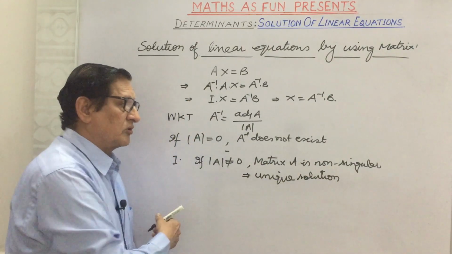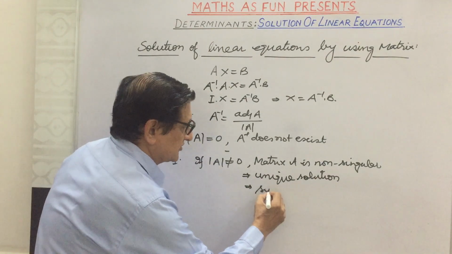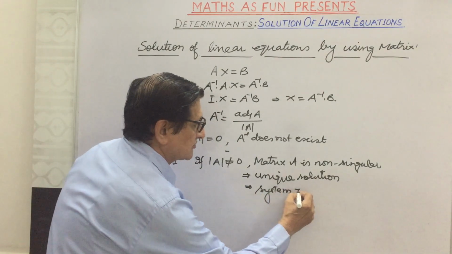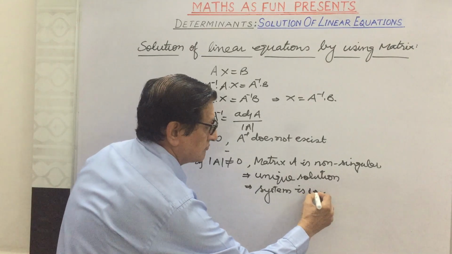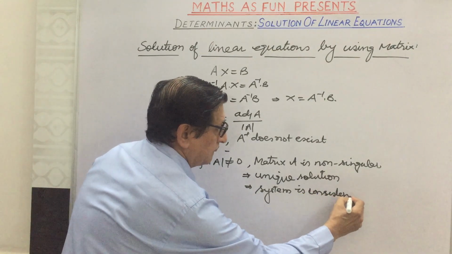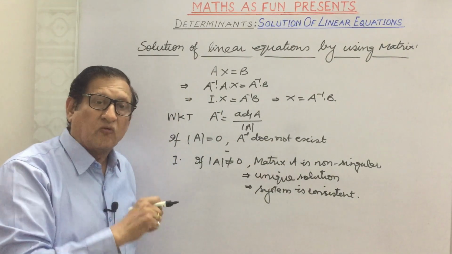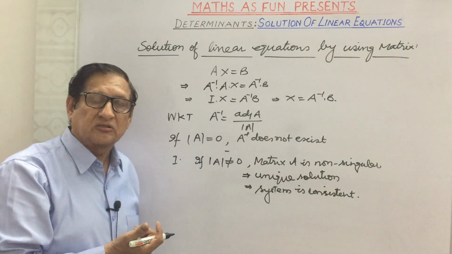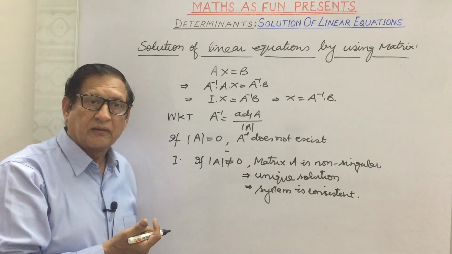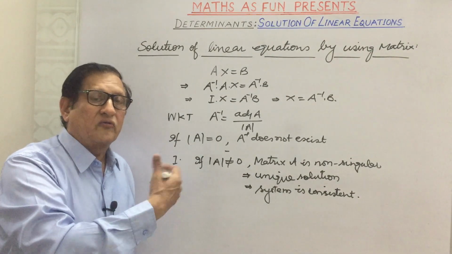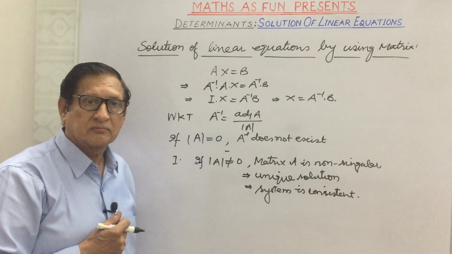And if we have a unique solution, then we say the system is consistent. We know the system is consistent when we have one or more solutions of the system of equations. And we say inconsistent when there is no solution of it.